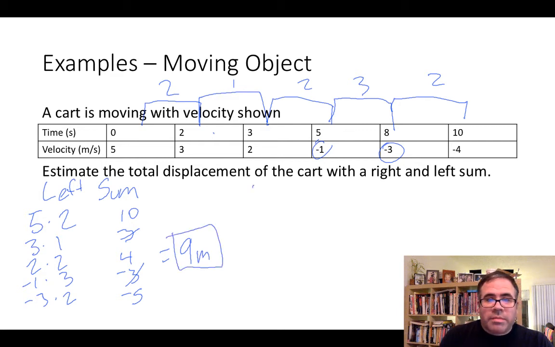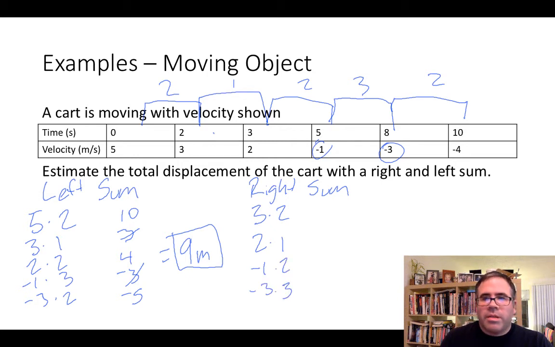Let's do a right sum. Using the same intervals, so the 2, 1, 2, 3, 2, we're going to use the right-hand side. So we have 3 times 2, we have 2 times 1, we have negative 1 times 2, we have negative 3 times 3, and we have negative 4 times 2.